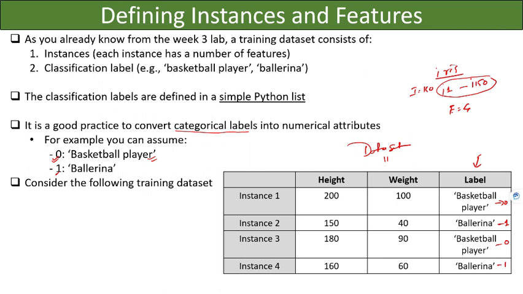This is how I will represent my class label. If the output is 0, it will represent basketball player. If the output is 1, it will represent ballerina player. Now we will convert this data set with the help of Python programming, that is NumPy and scikit-learn, in the next slide.